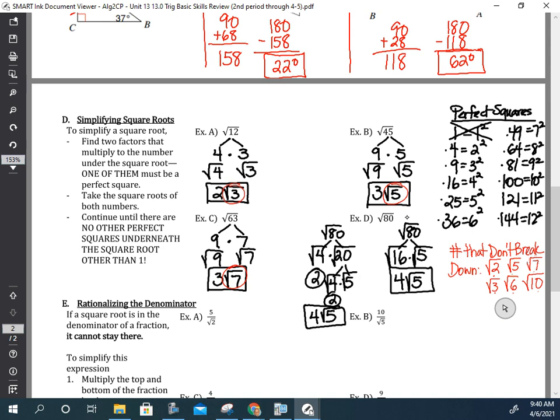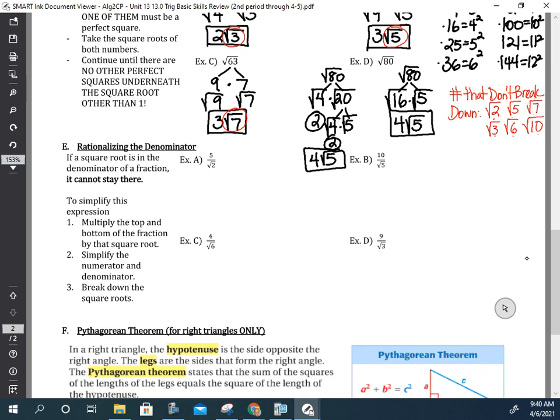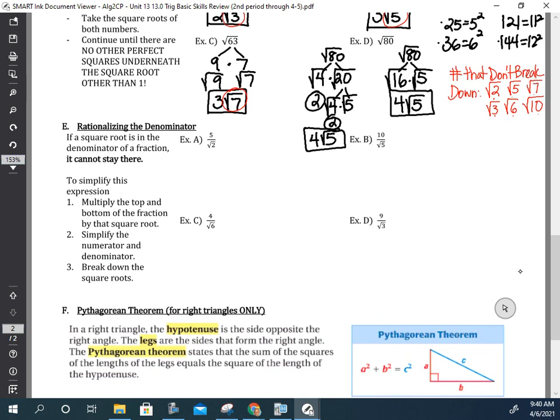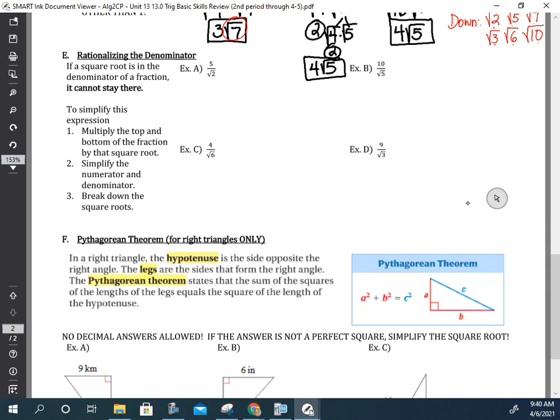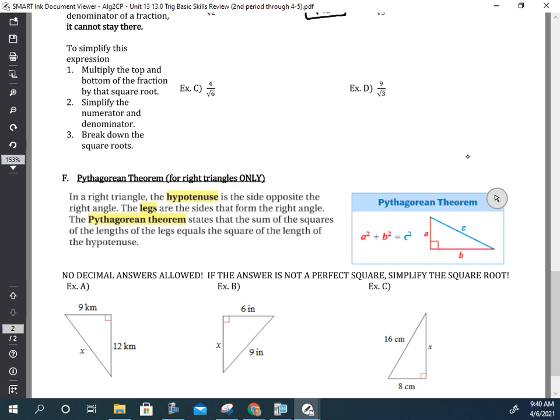Now we're going to be working with the last two parts, which are rationalizing the denominator, which sounds weird, but I'll explain what it is, and Pythagorean Theorem. Since we deal a lot with right triangle trig, we're going to be dealing a lot with Pythagorean Theorem.